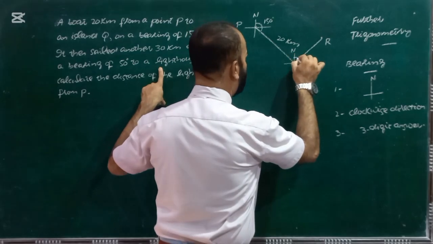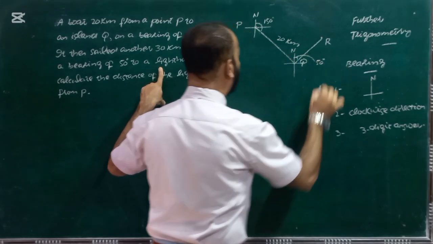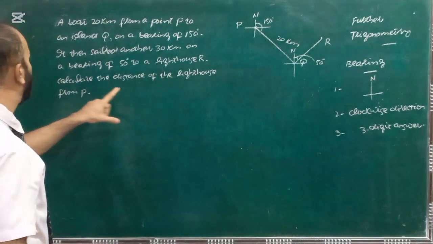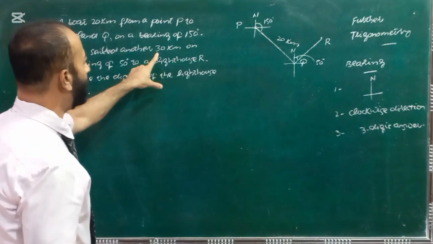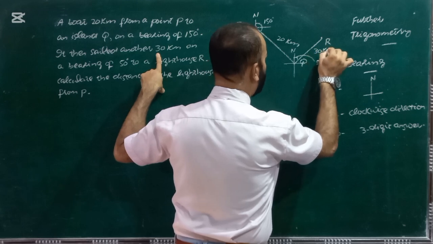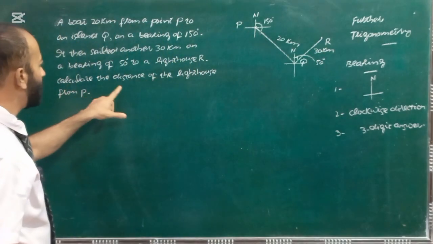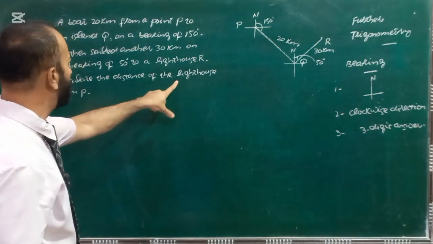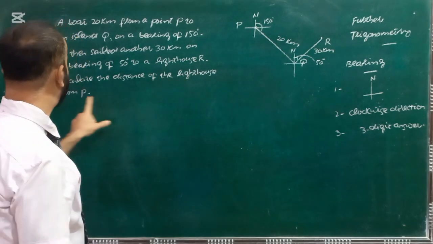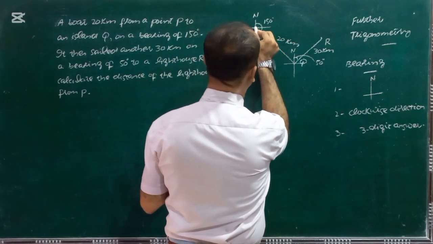And this is 50 degrees. Okay, 30 kilometers, and this distance is given 30 kilometers. Okay, calculate the distance of the lighthouse, R, from P. So actually this distance is required.